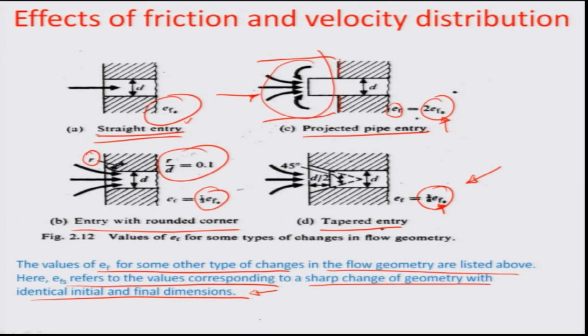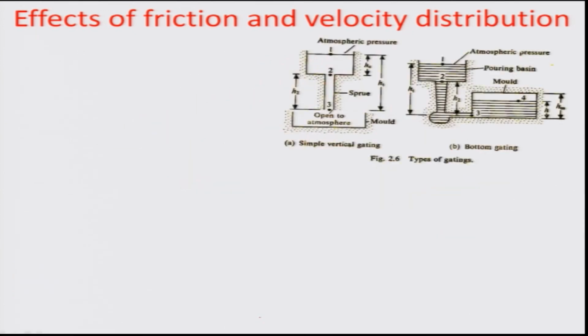So, now let us go back to the simple vertical gating system and try to modify the energy balance equation between points 1 and 3 after accounting for all the losses.